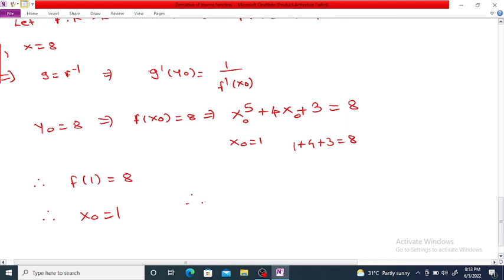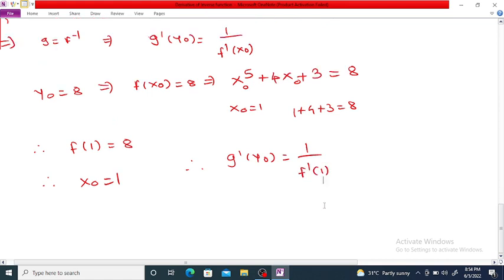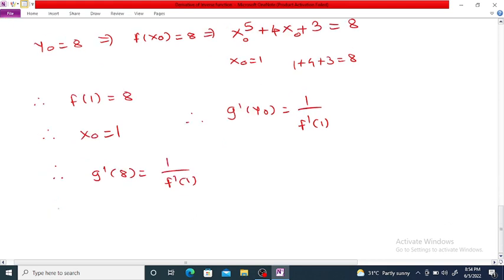And therefore by using the above formula, g dash of y0 is equal to 1 divided by f dash of 1. So g dash of 8 is equal to 1 divided by f dash of 1. Now what is f dash x here?